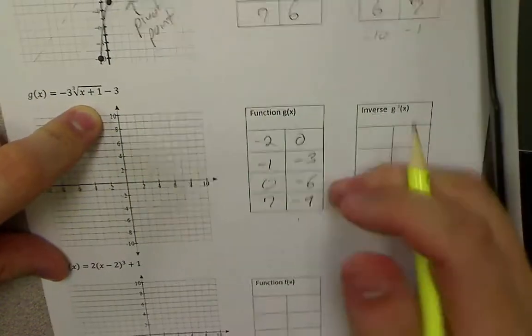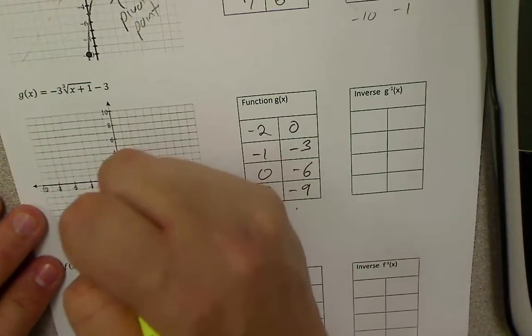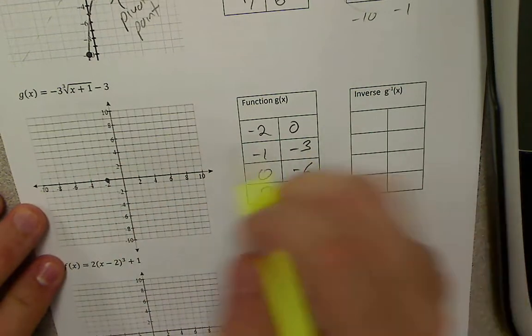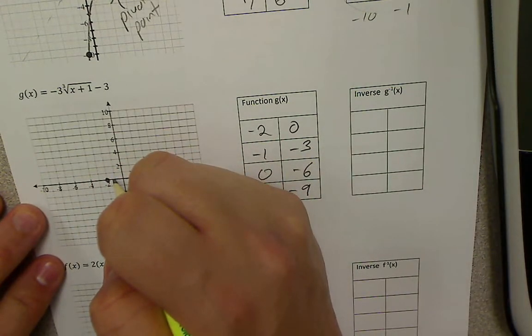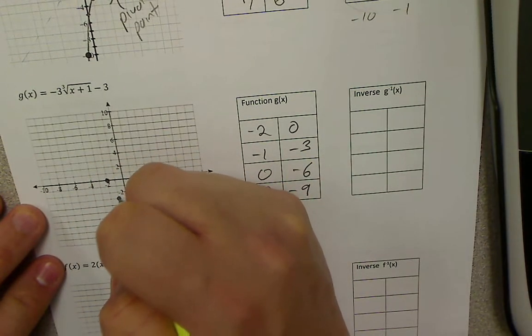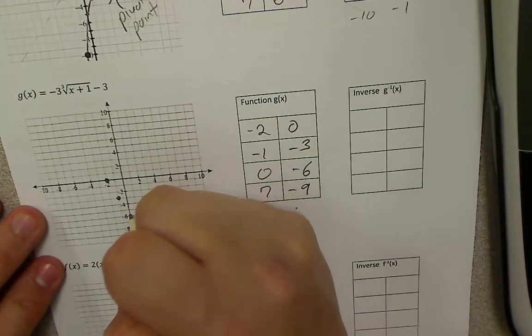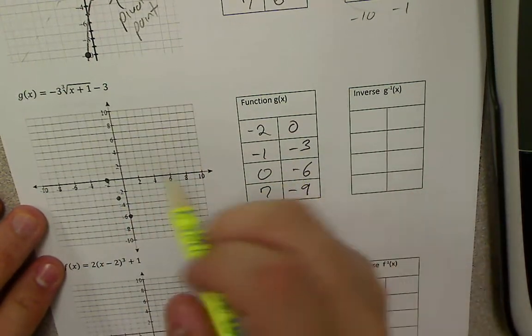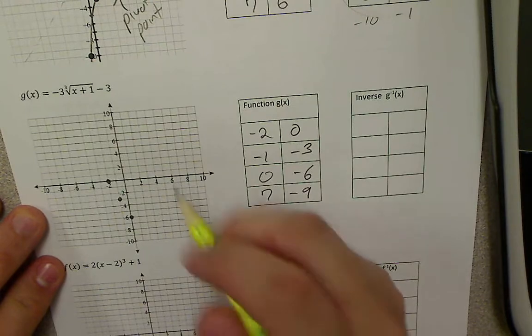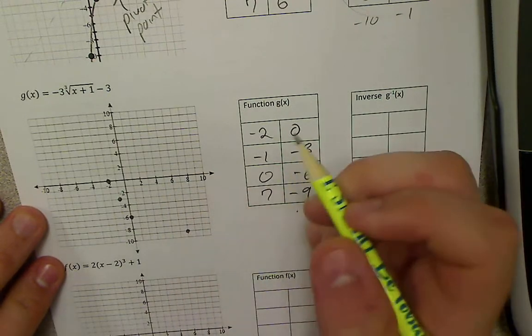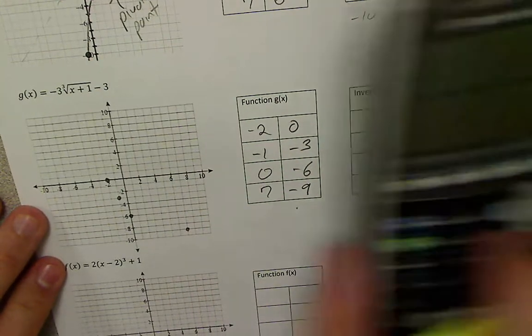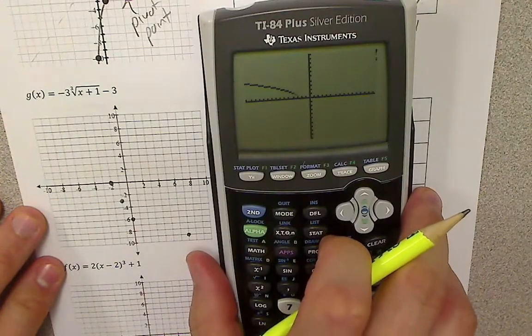Okay. And I can graph those. Here's this point. -1, -3. 0, -6. 7, -9. And if I just hit graph real fast, I can see what it looks like.